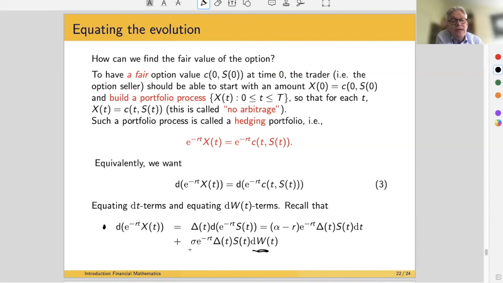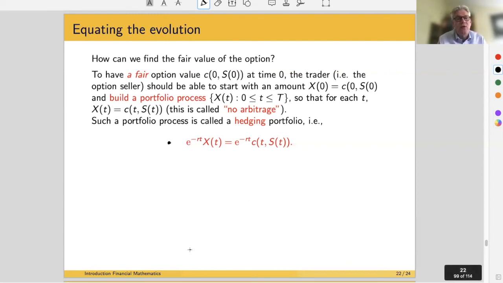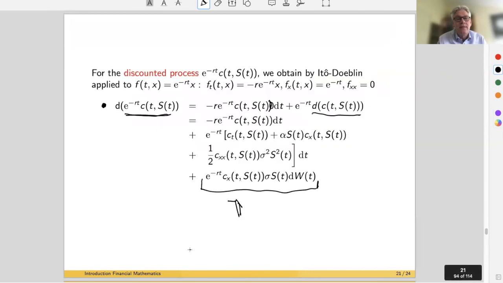And that should be equal to the discounted option value, and we have seen that. Let's go back there. Here we have e to the power minus rt, dC/dx, times sigma times St dWt. So we see some of the terms already reappear.